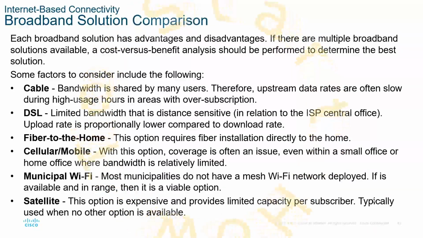Our man-based Wi-Fi, you're kind of stuck where there is some form of metro wireless or some form of WiMAX that's been deployed in your area. It really just depends on what's available. Satellite is the expensive option, but it also provides limited capacity per subscribers. This normally only is happening when this is the only option.